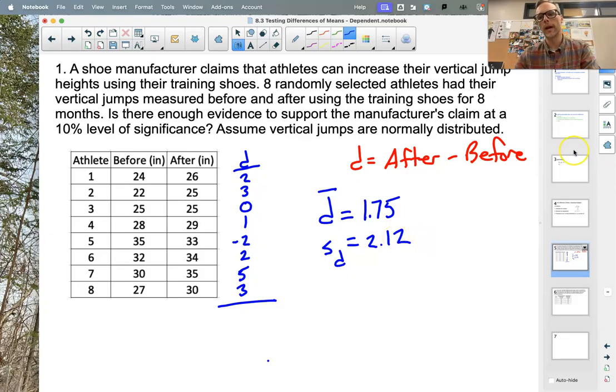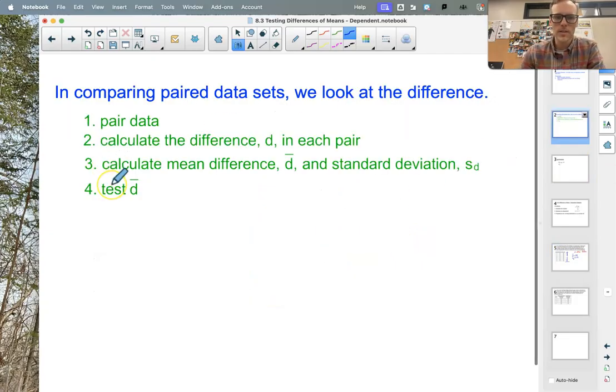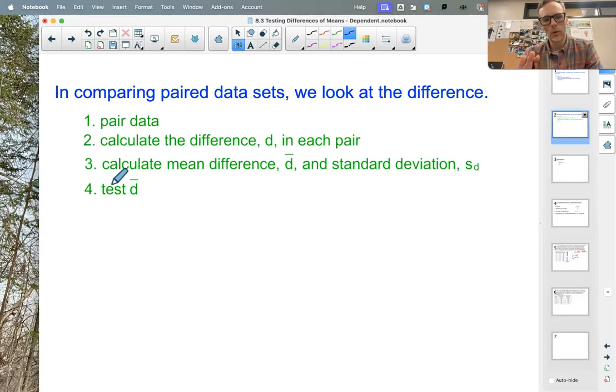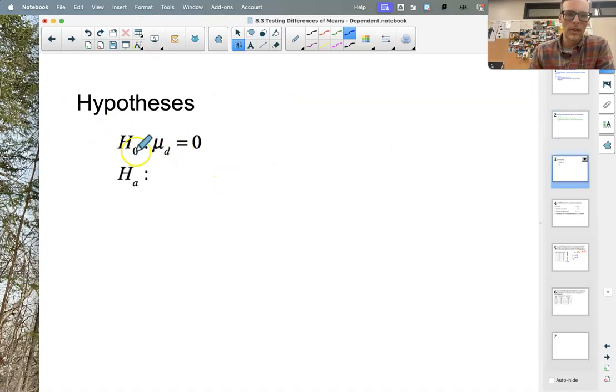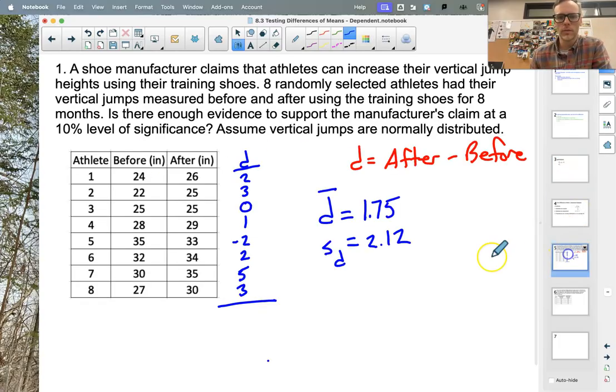Now what do we do with that? How do we test D? Well, with all of our tests, we need to write our hypotheses. Our hypotheses are going to look like this. The null would be the population mean of the differences, mu sub D. We have a bunch of differences, but is that all the differences? No. So D bar is the sample mean.